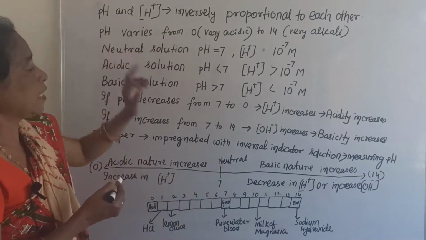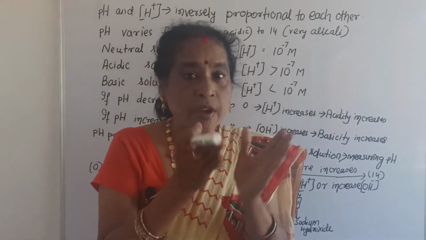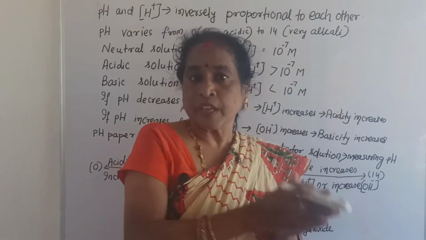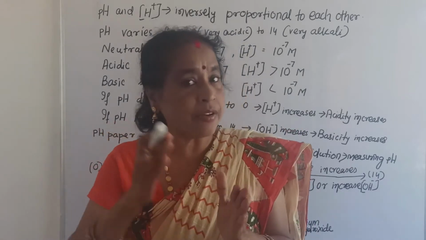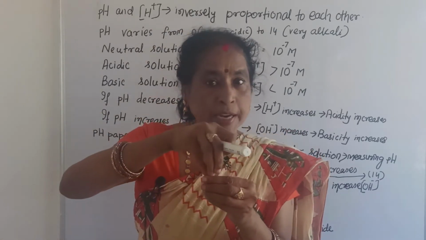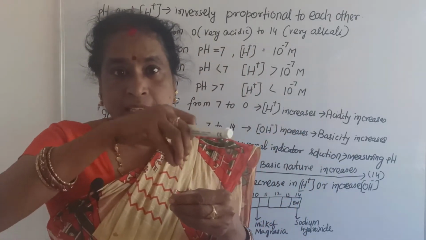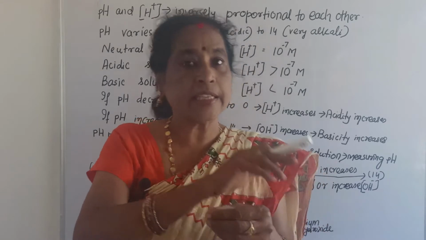Now what are the values of pH? pH always varies from 0 to 14, 0 to 7 and then 7 to 14, and 7 is the middle, known as neutral. It is neither acidic nor basic.